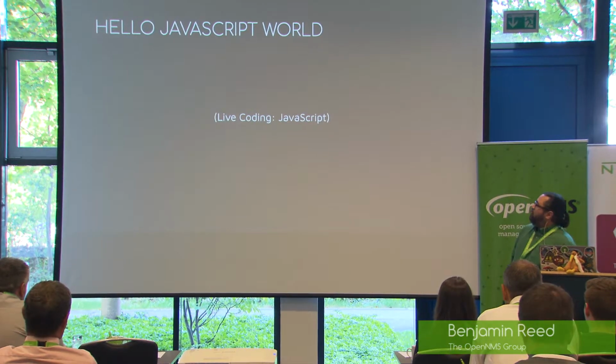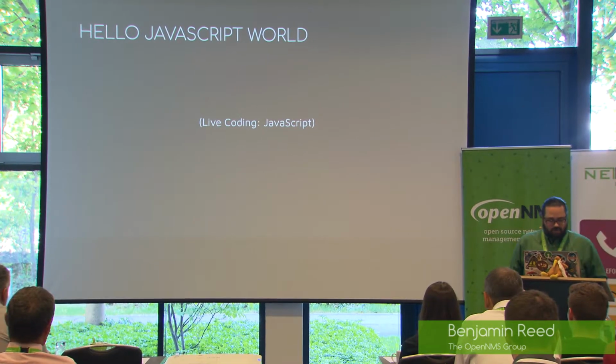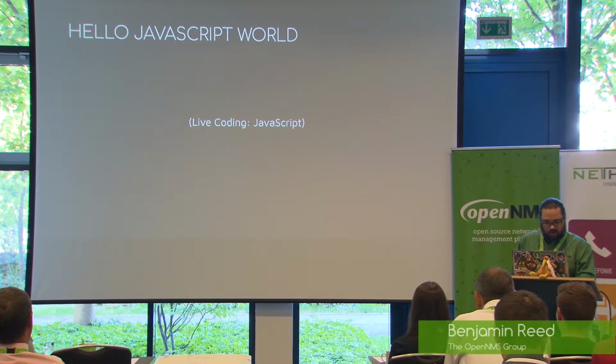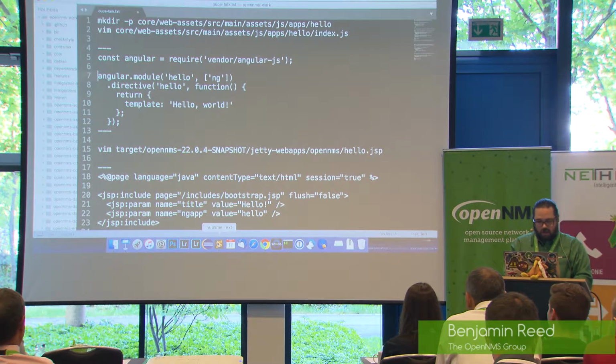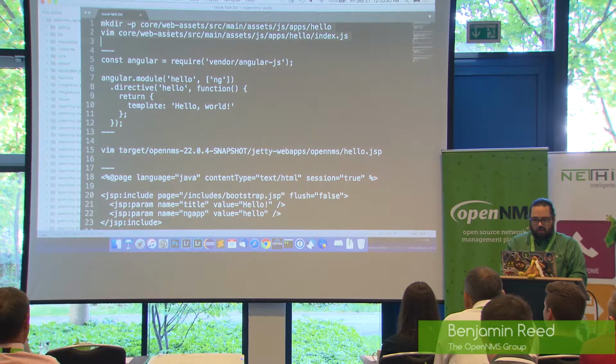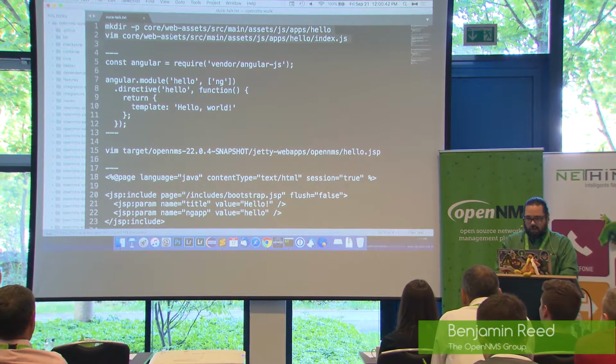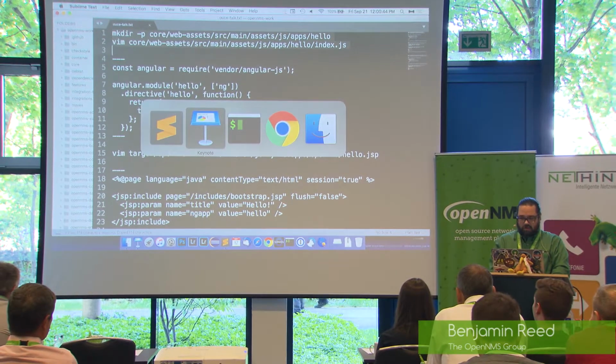So let's try that. I'm going to switch over to my environment here. I made a little script. So I'm going to make a new project called hello in the assets directory.